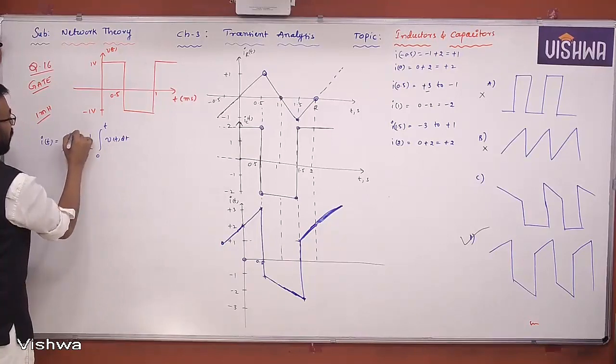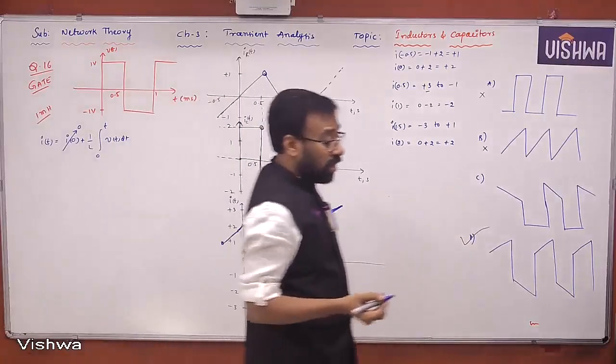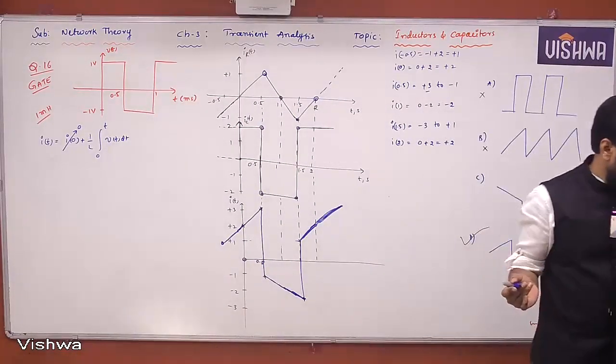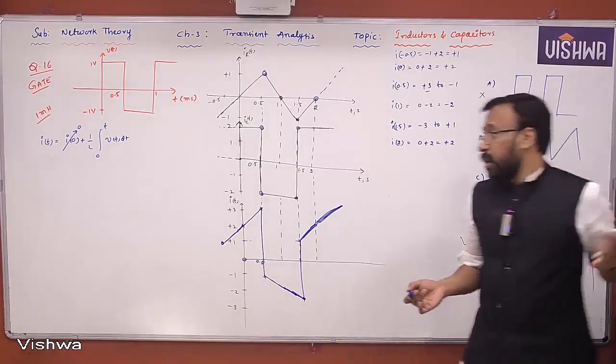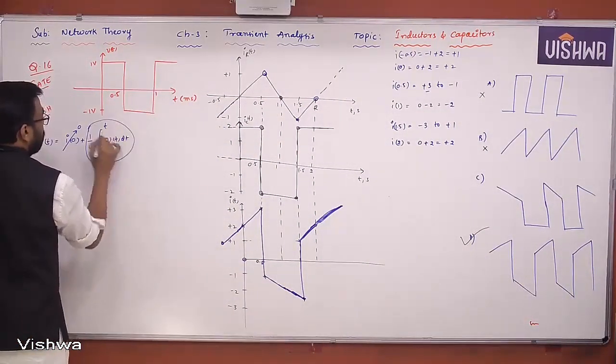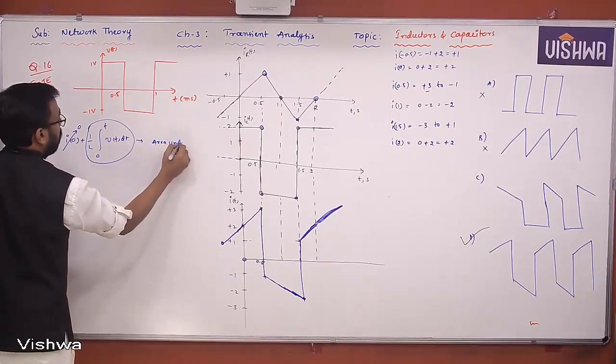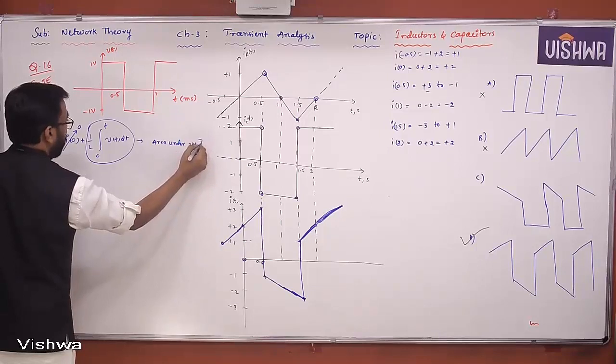This I of 0 is actually 0 because he did not mention anything about the initial current. Did he mention anything about the initial current? No, no information is given directly or indirectly. We can assume it's 0. But we can take this one as area under V of t. Yes or no? We can go for the integration also.